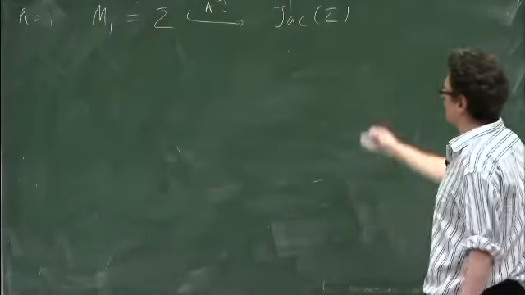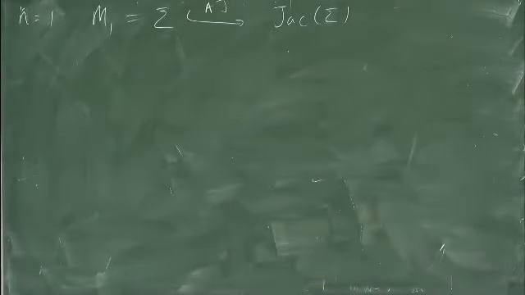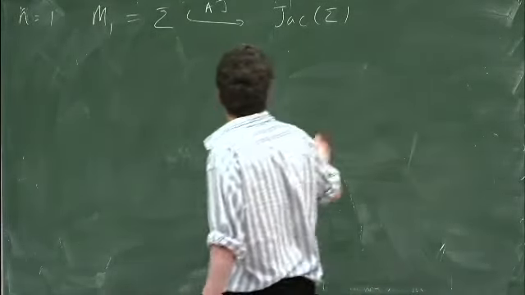We can equip the Jacobian with a very trivial flat metric, on the dual of this. Let's equip this with the dual of that metric.